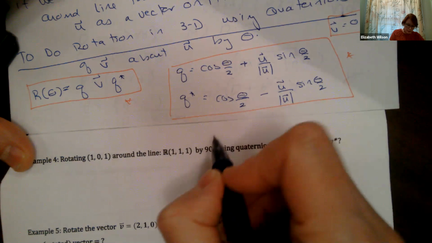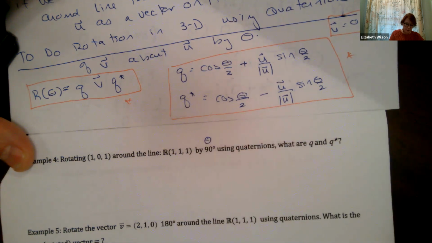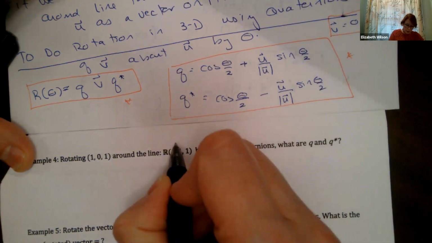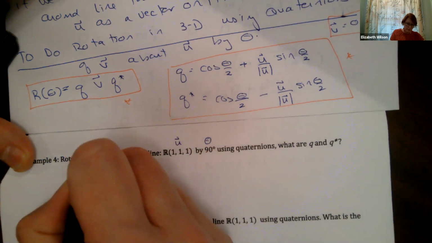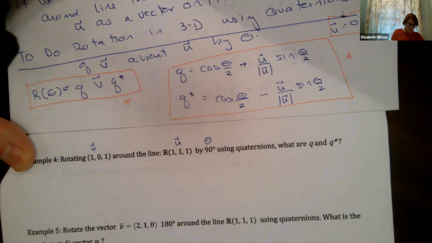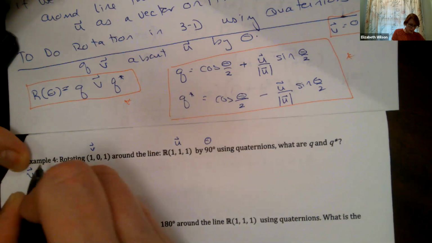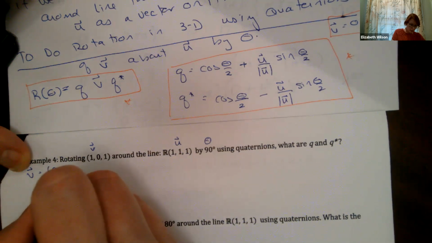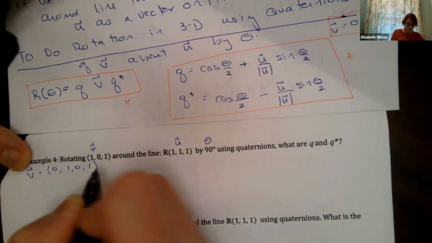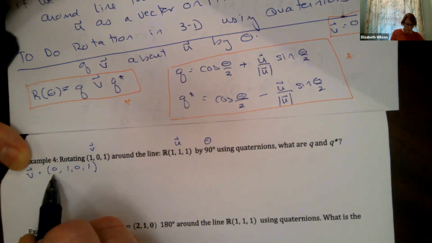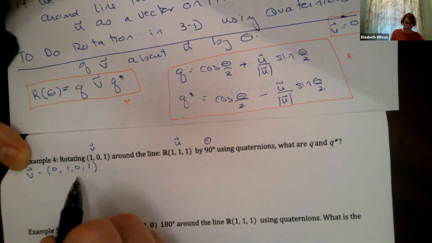So my theta is 90. This is my U, and this is my V. So my V becomes 0, 1, 0, 1. This is my scalar portion, that's a 0, and this is my vector, my original vector.